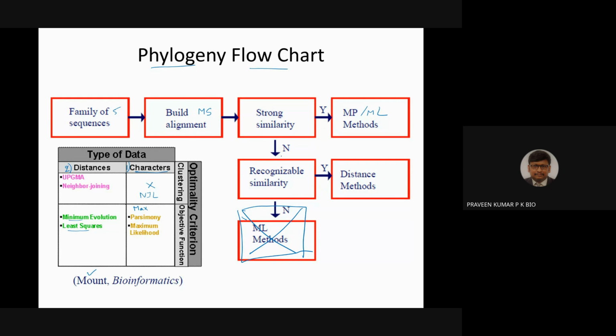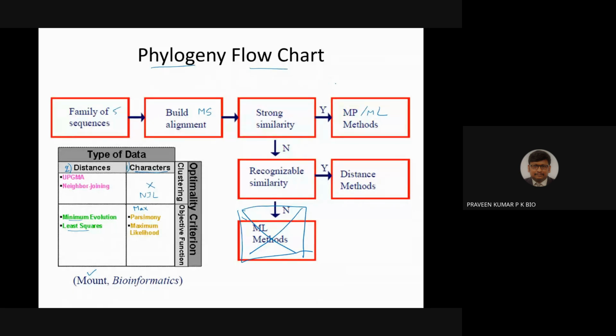And if you have a recognizable similarity, it can be above 90 or 95 percent. But if you have less than 90 percent, based on your project, you can consider this a recognizable similarity, and one can go to the distance-based methods. In some journal papers they have taken 90, and in some 95.